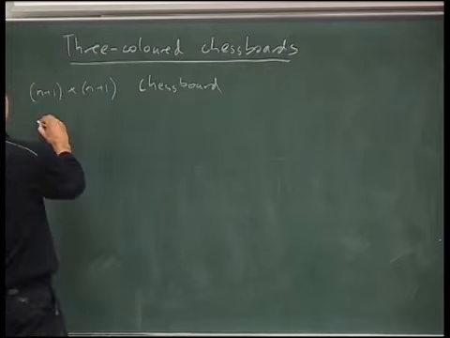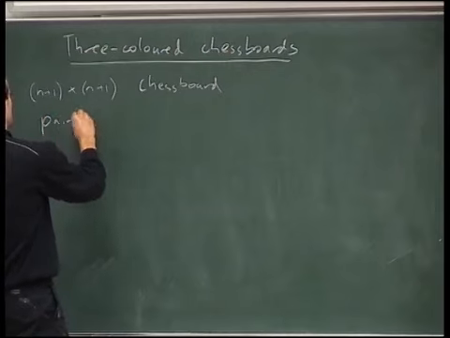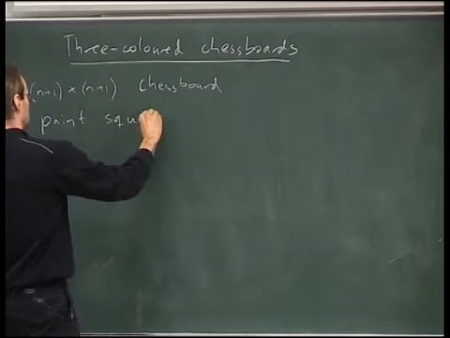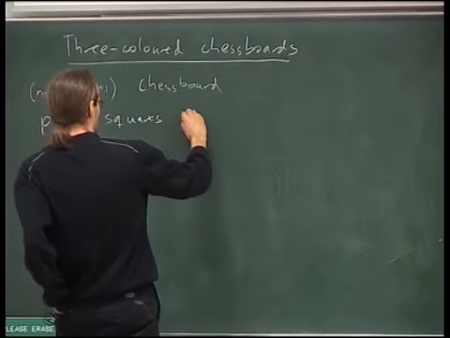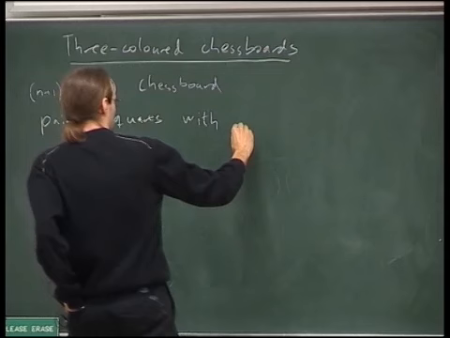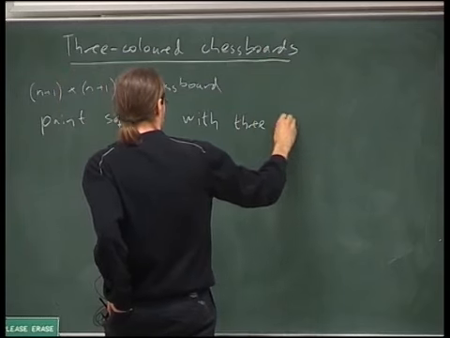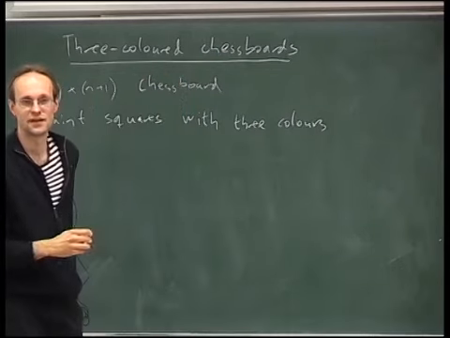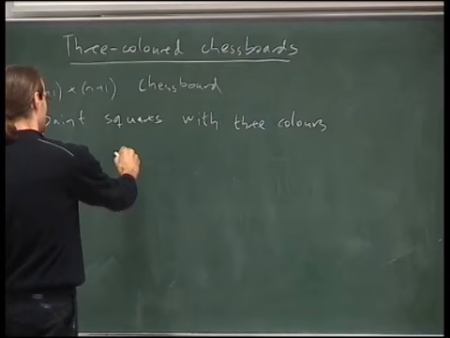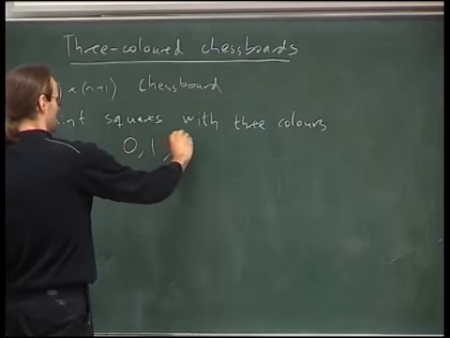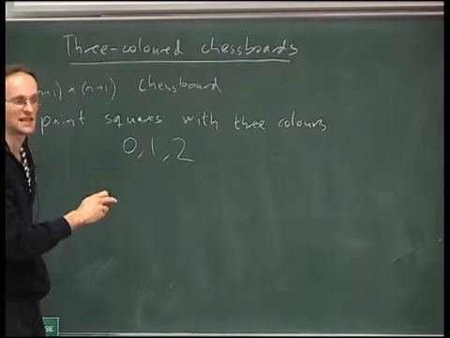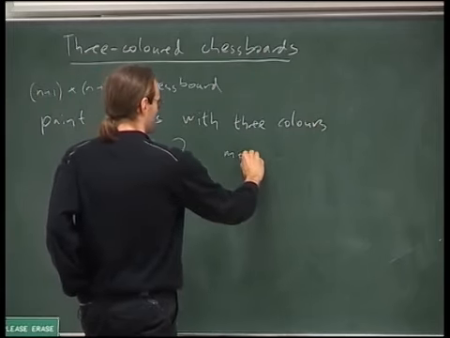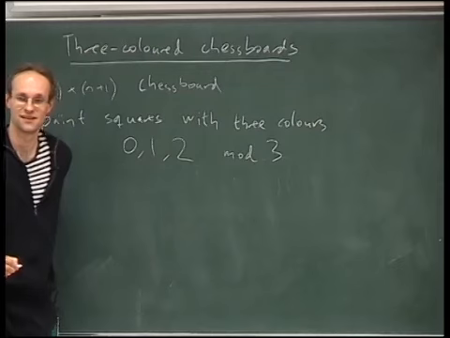And then let's paint the squares with three colors. It will be quite convenient to think of these colors as being the residue classes 0, 1, and 2 mod 3.